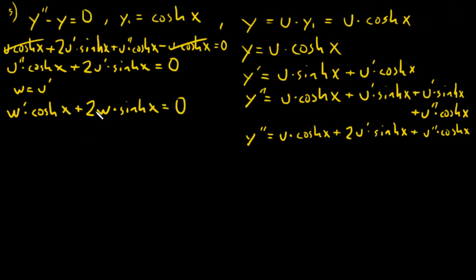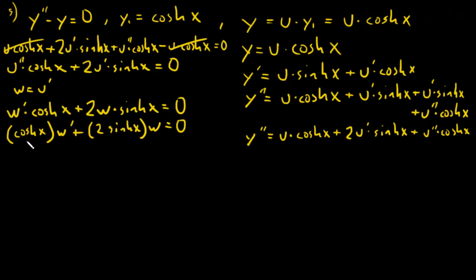Now, I'm going to rewrite this in a different way. This is cosh of x times w prime plus 2 sinh x times w equals 0. Alright, before I can do the integrating factor, I have to get w prime by itself.